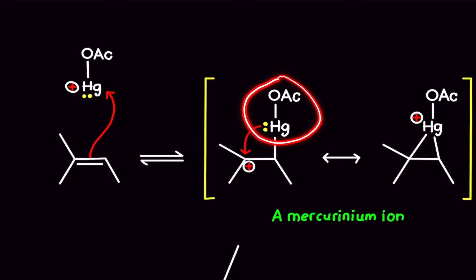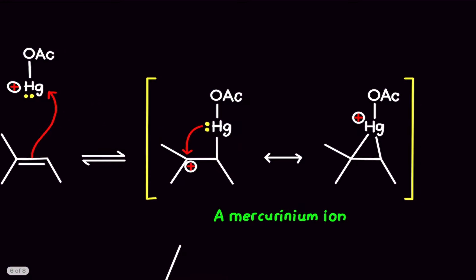This is going to bind to the less substituted carbon. Now, here's the thing. The mercury atom has a lone pair. And it's going to attack what we see is the carbocation. And it's going to create this 3-membered ring structure. This 3-membered ring.